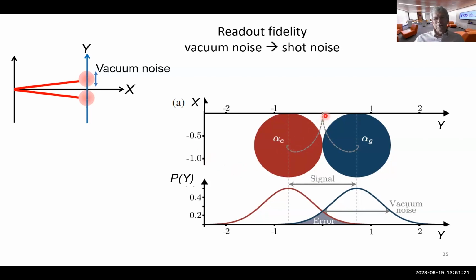So as you turn on the drive, the oscillator begins to respond and goes to this coherent state or that coherent state. And when you measure the homodyne signal here, which is this coordinate here, there's always a little bit of overlap due to vacuum noise. And that overlap, that vacuum noise, you can think of as what's causing the shot noise.